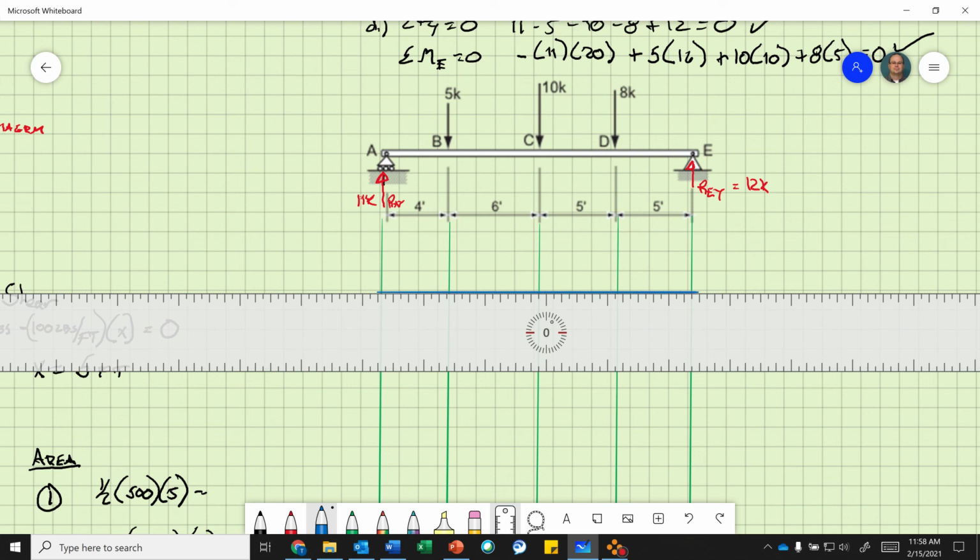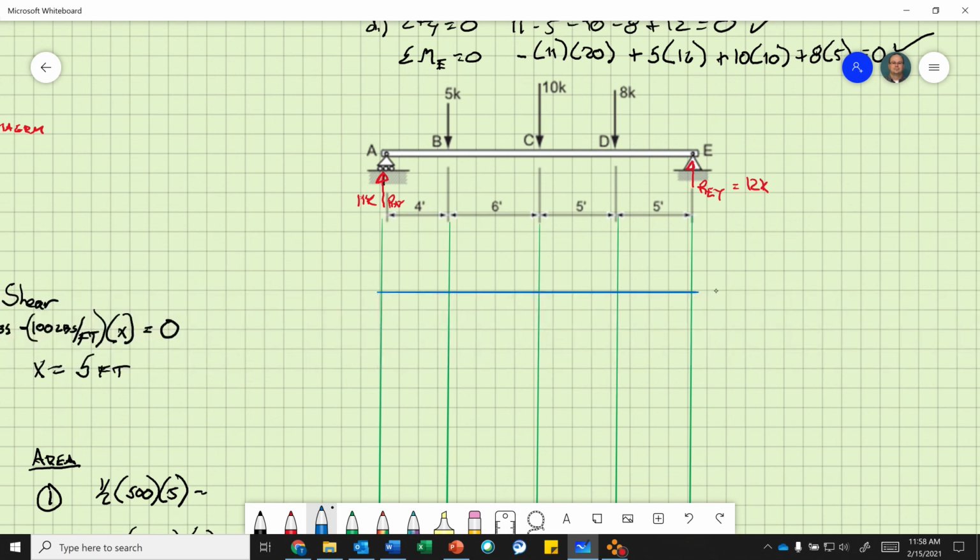Make it right there. Okay. This is my 0 mark. This is positive shear. This is negative shear. V stands for shear, and my units are kips. Okay. You should always label your axes using your units. You don't have to do both sides.